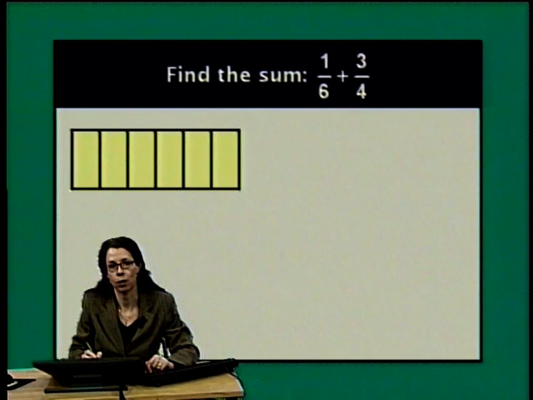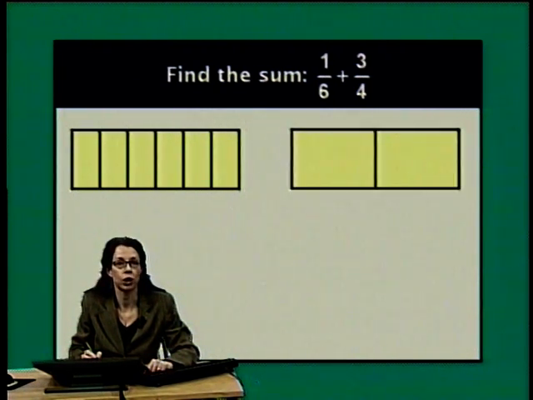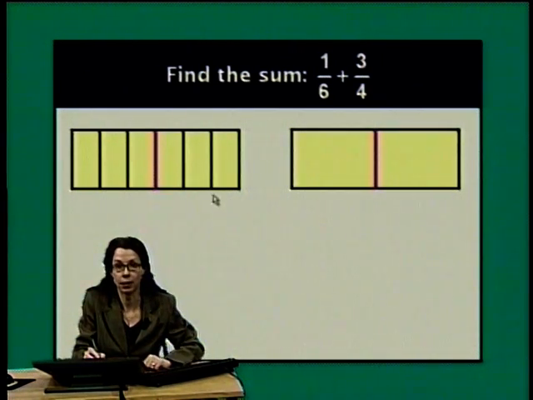I'm going to go back to the original picture. One of the things that 6 and 4 share is a factor of 2. In fact, if you look at my fraction bar for 6, I could divide it into half first and divide each half into thirds to get my fraction bar representing 6.